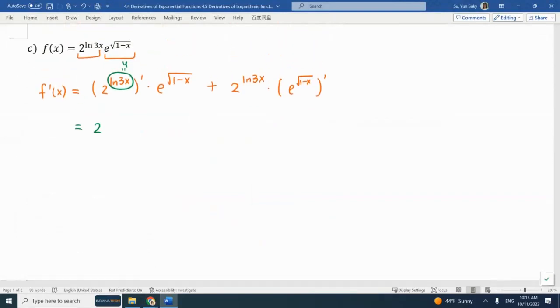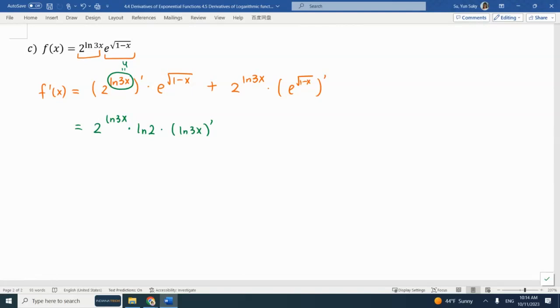So 2 to the u. What's u? ln 3x. It's 2 to the u times ln 2 times u prime.